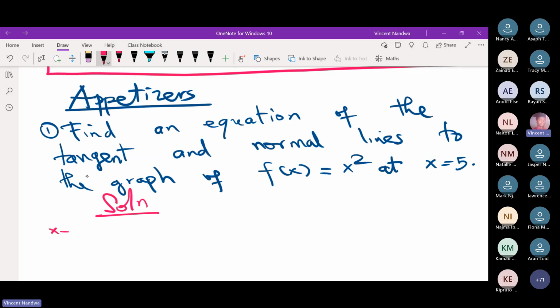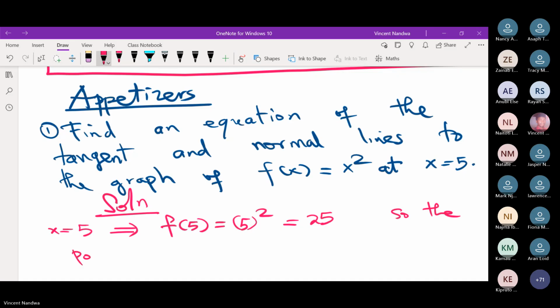So x equals 5 implies f of 5 will be given by 5 squared, because f of x is x squared, which is 25. So the point x naught, f of x naught is 5, 25.